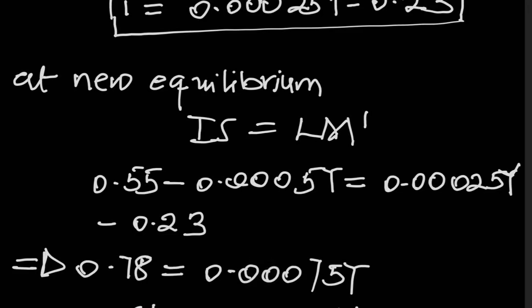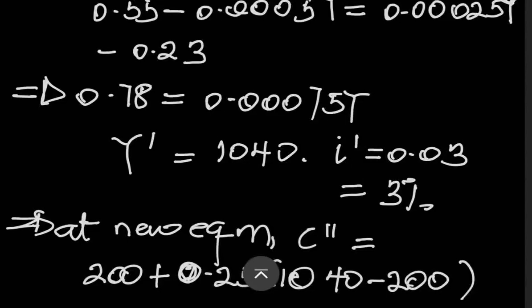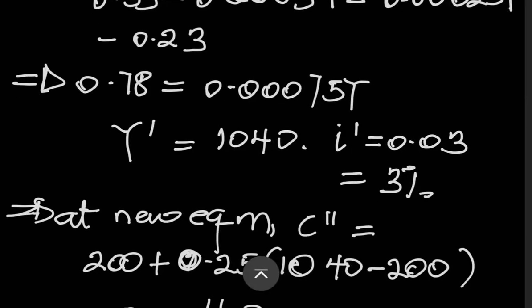At the new equilibrium, IS will be equal to LM, but we just say LM prime. That will be equal to 0.55 minus 0.0005Y equals 0.00025Y minus 0.23. So when you do your calculations, you'll realize that Y will be equal to 1040, and also i will be equal to 0.03, that is 3%.